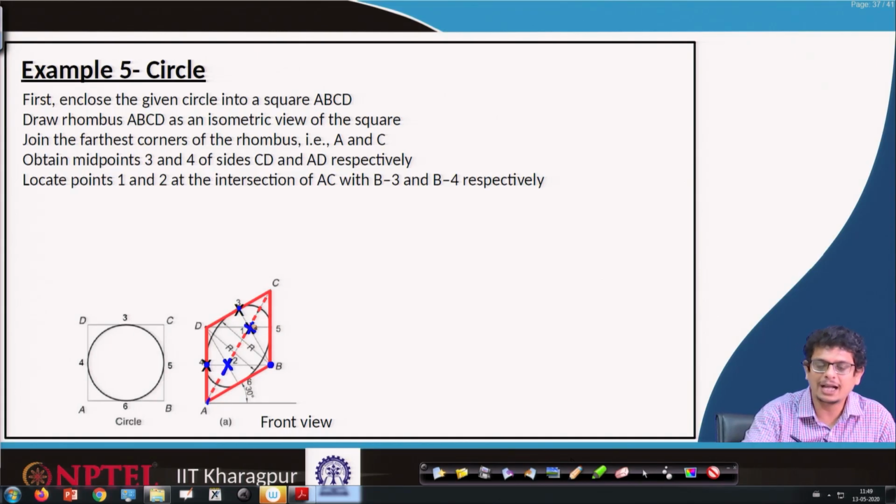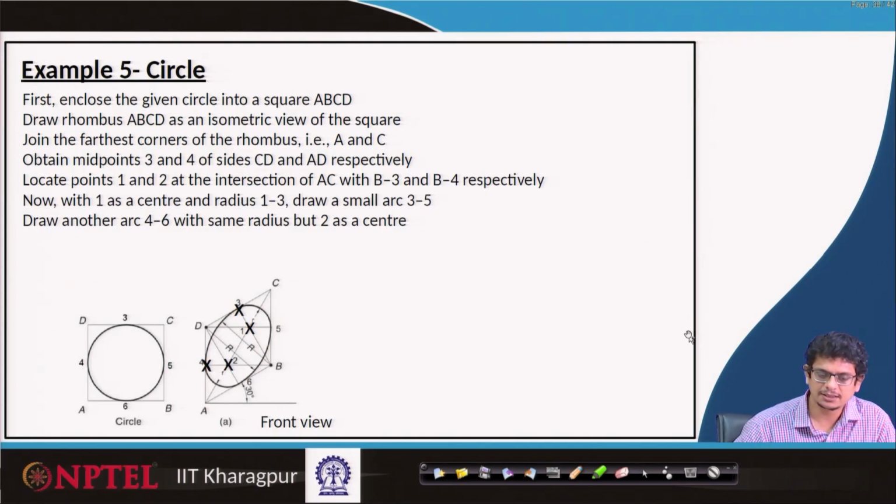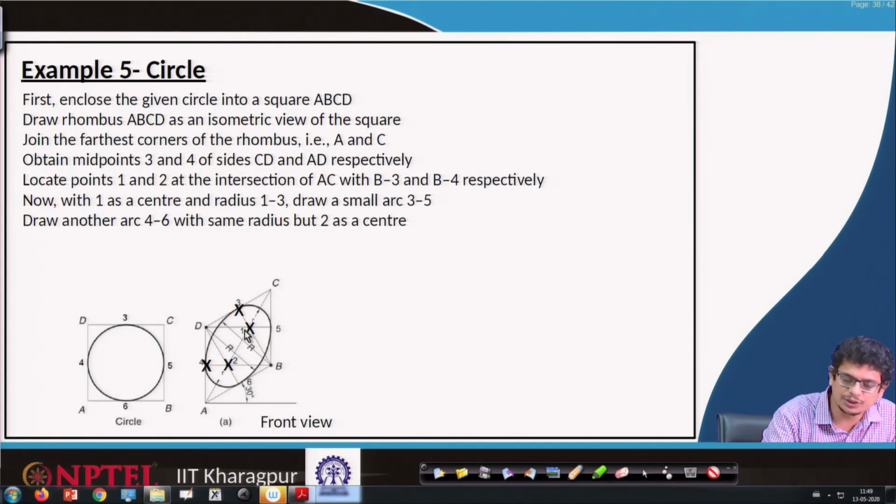Use 1 and 2 as centers. So, using those 1 and 2 as centers, measure the length 1-3, then draw an arc all the way passing through there. 1 as center, 1-3 as radius, draw a smooth arc which is intersecting point 5.